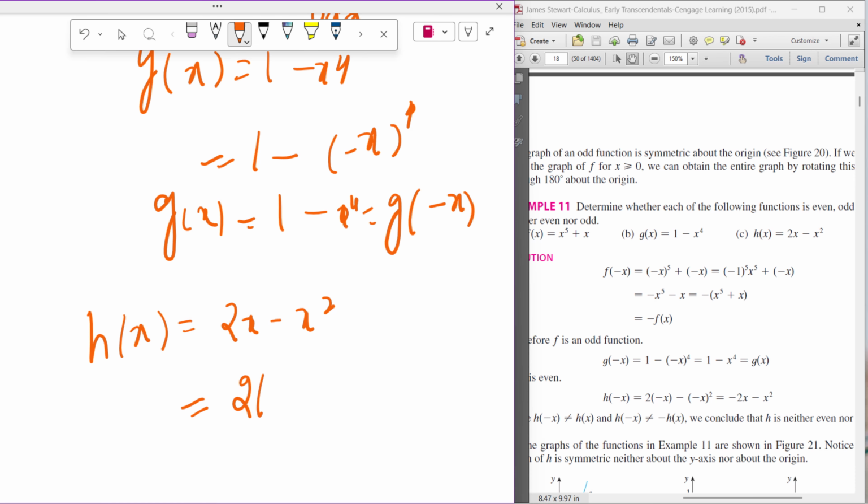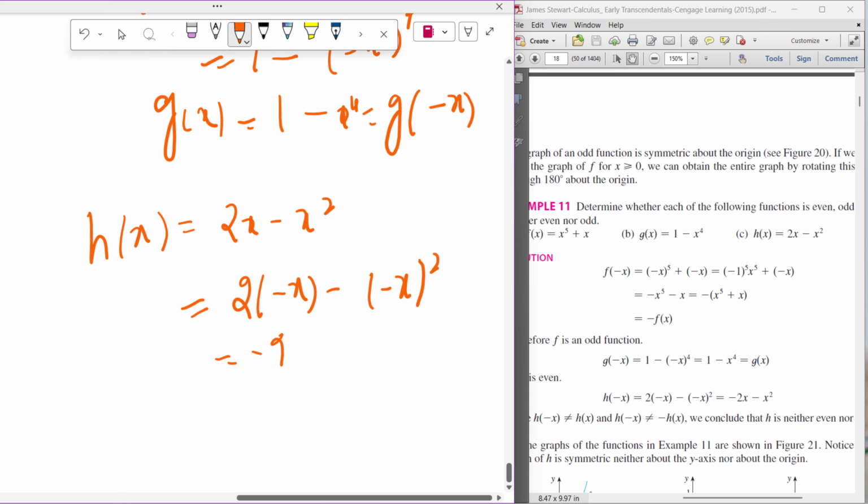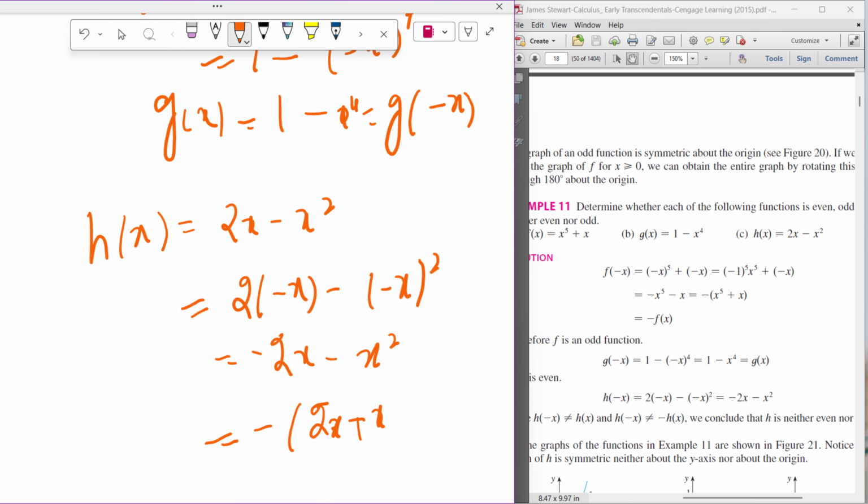So replace x with minus x, and here again minus x squared. So I will get minus 2x minus x squared. If I take minus common, I will get minus of 2x plus x squared.